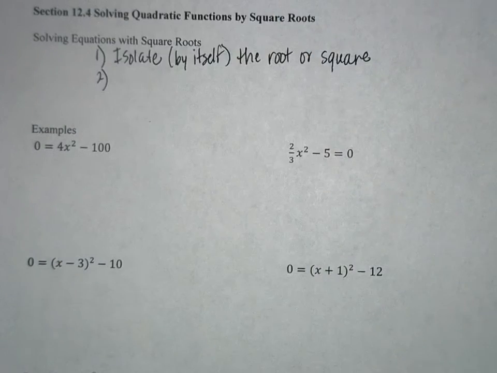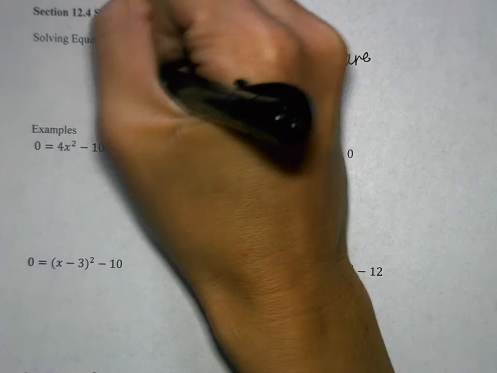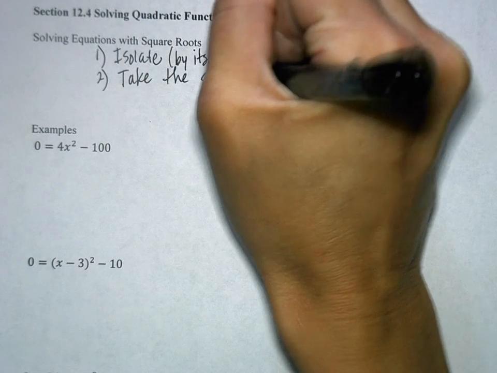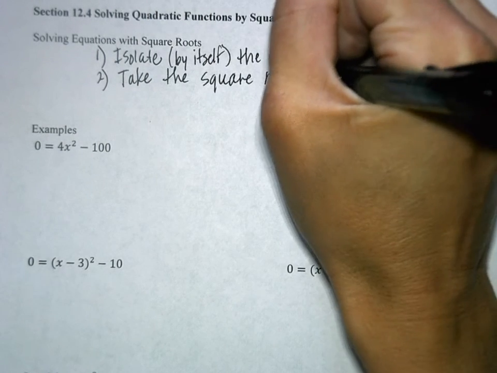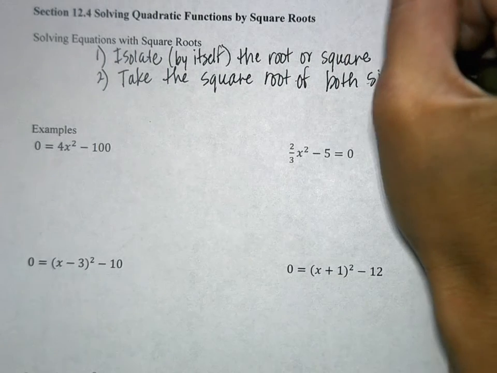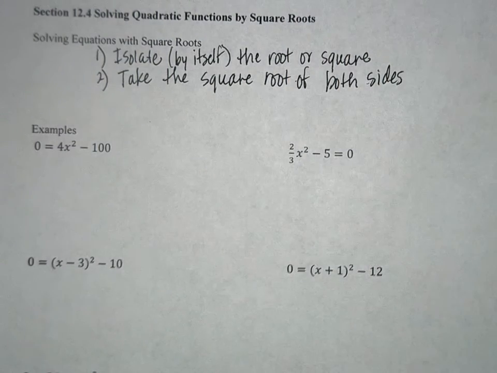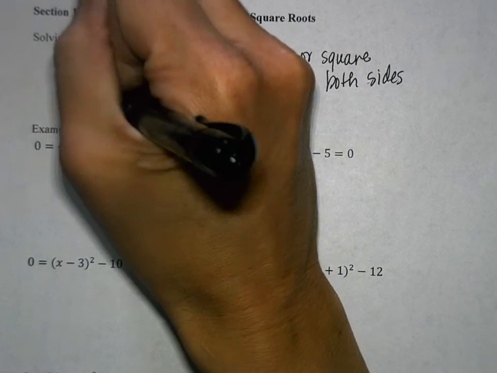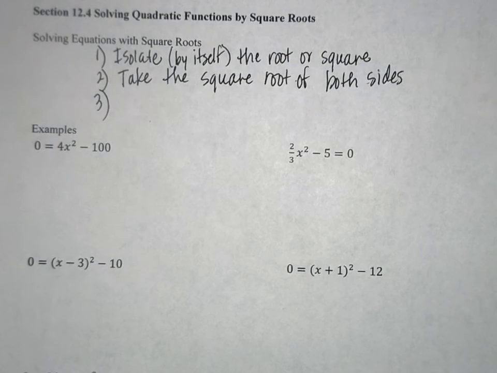Step 2, you will take the square root of both sides. Okay, and then there's one more, step 3.